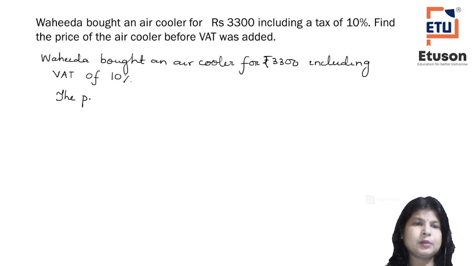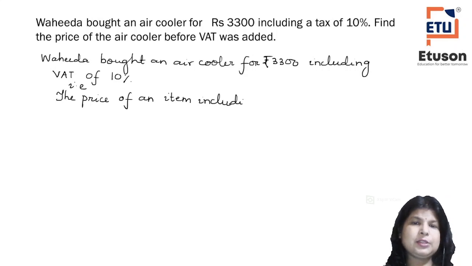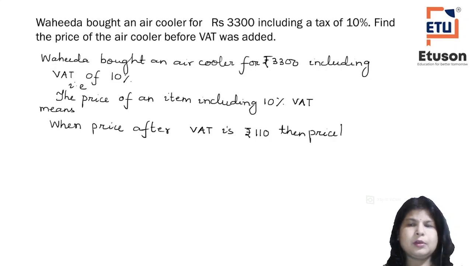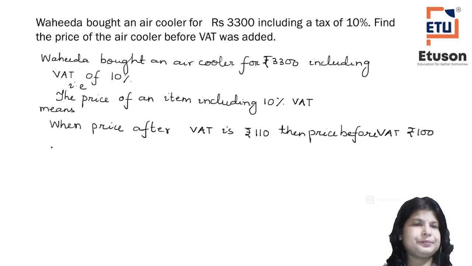Okay. So when you are considering VAT of 10%, the meaning is that the price of an item including 10% VAT means when the price after VAT is rupees 110, then the price before VAT or the original price is rupees 100, right?